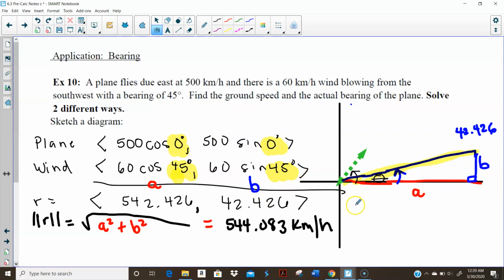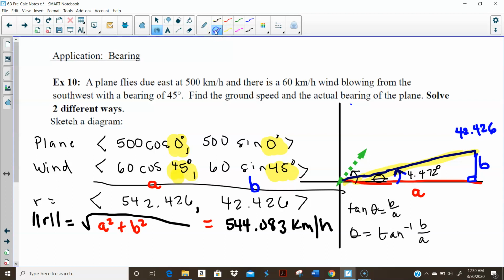So what we're going to do then is the tangent of theta will be B over A. That means theta is going to be the inverse tan of B over A. So if you've stored B and you've stored A, then you can put those into your calculator and you can figure out what theta is. So theta right here ends up being 4.472 degrees.